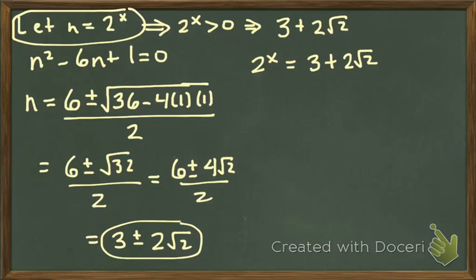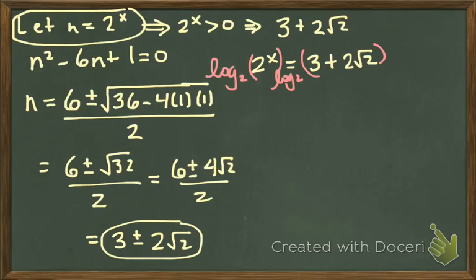Here you're motivated to use a particular base if you want to get the x out of the exponent, which we do, because our job here is to solve for x. So we're going to take the log base 2 of both sides.